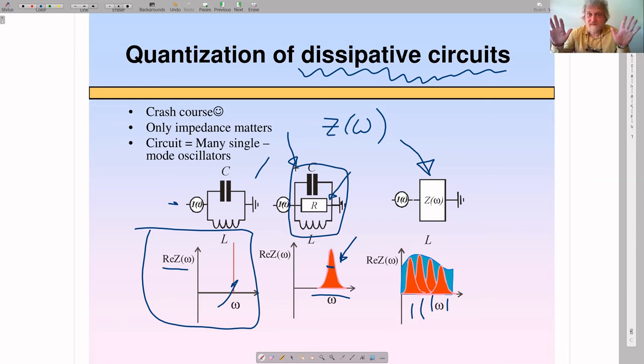We have quantized it during your first encounter with quantum mechanics, which means that we can now quantize dissipative circuits, quantizing every oscillator in there. Good. So how did it go? This crash course.